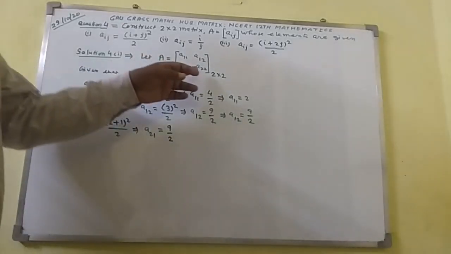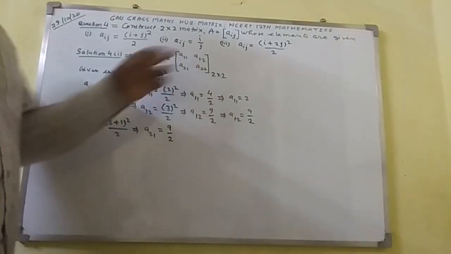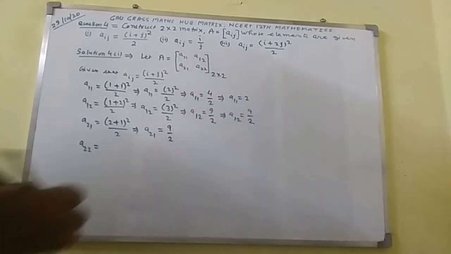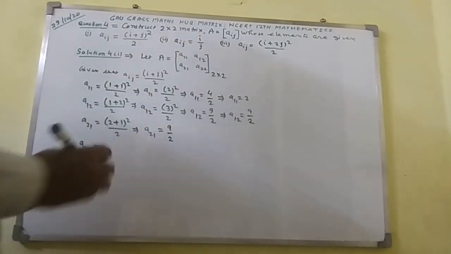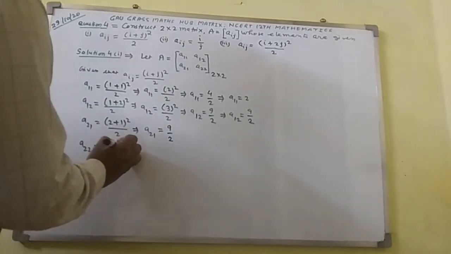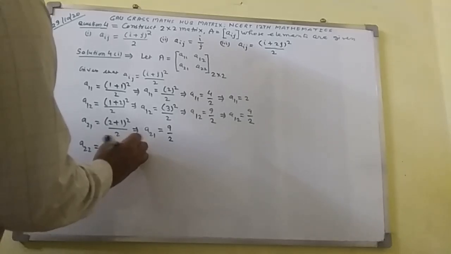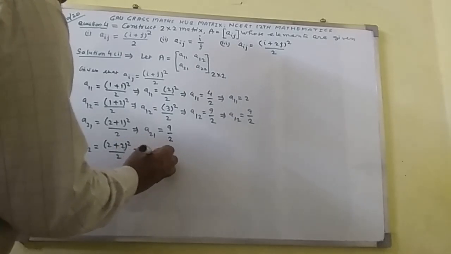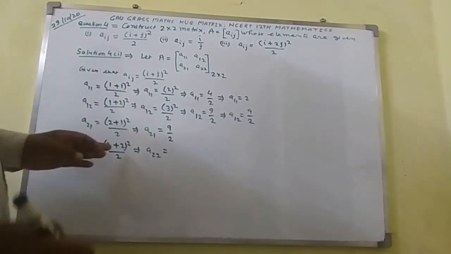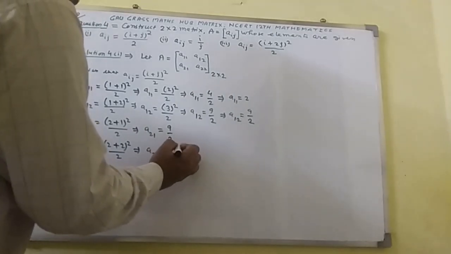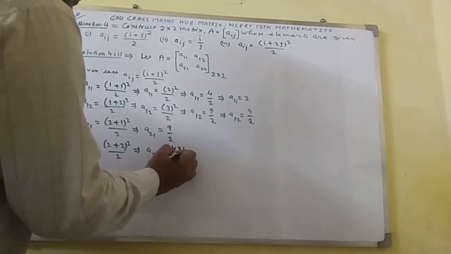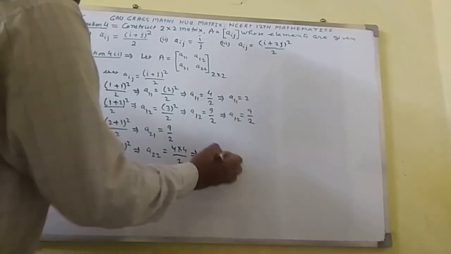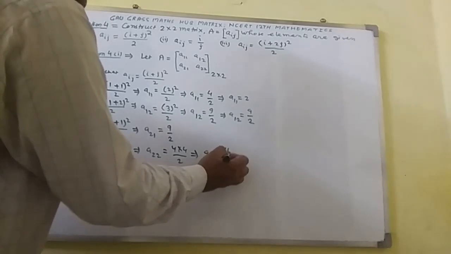Now the second element of second row, I shall write here a22. In place of i I shall write 2, in place of j I shall write 2, whole square over 2. Imply that a22 equal to 2 plus 2, 4. 4 into 4 over 2. a22 equal to 16 over 2.